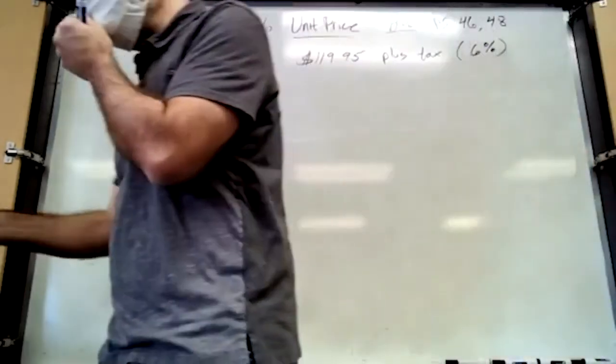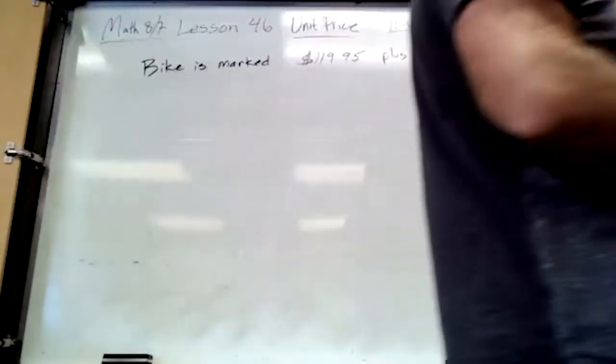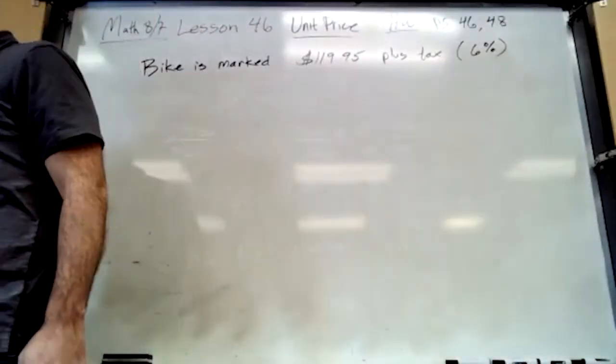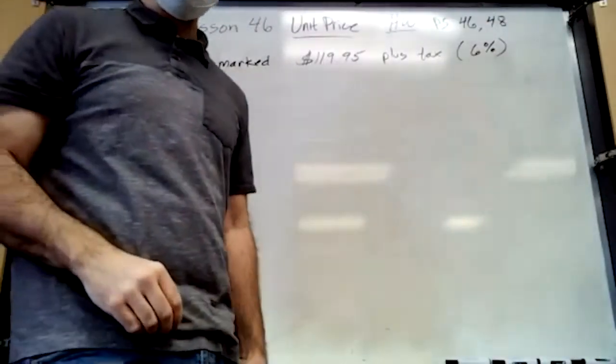So let's see if you guys can do that. Let's figure out the final price of this bike, because it's not 120 bucks. Figure out the tax of that, add it to the price, and tell me what I need to bring to the store. Okay? See if you can do it. Can't do this one in your head. Sorry.